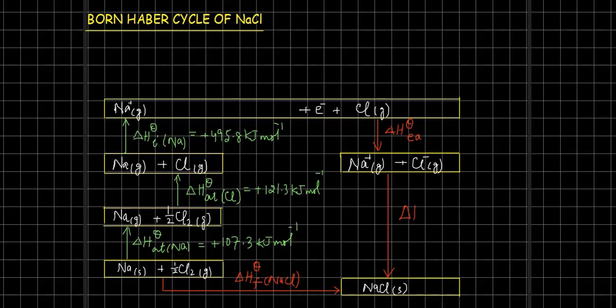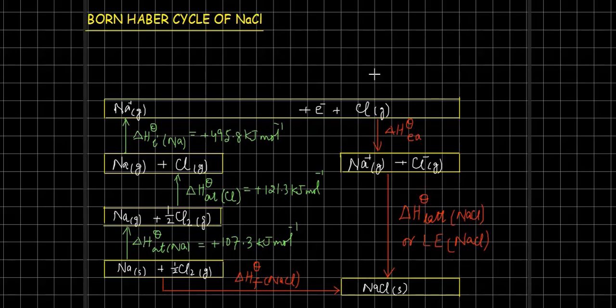Standard enthalpy change of lattice formation for sodium chloride, right? Or you can simply write it as lattice energy, LE, of sodium chloride. So this is the Born Haber cycle of sodium chloride, as you can see.